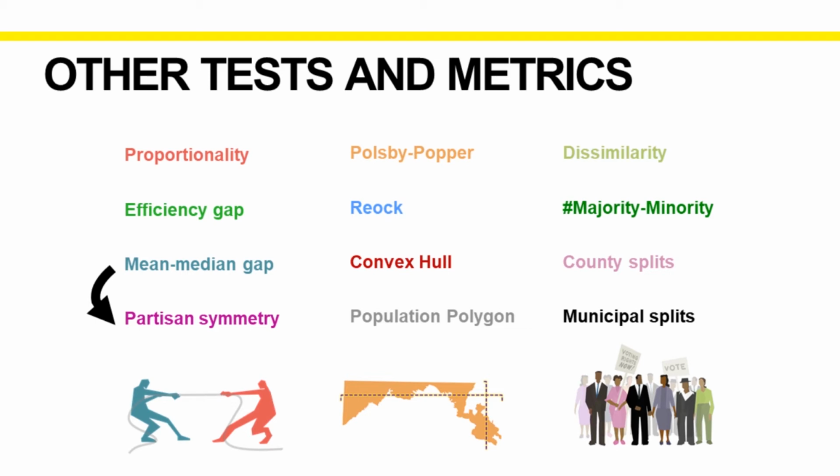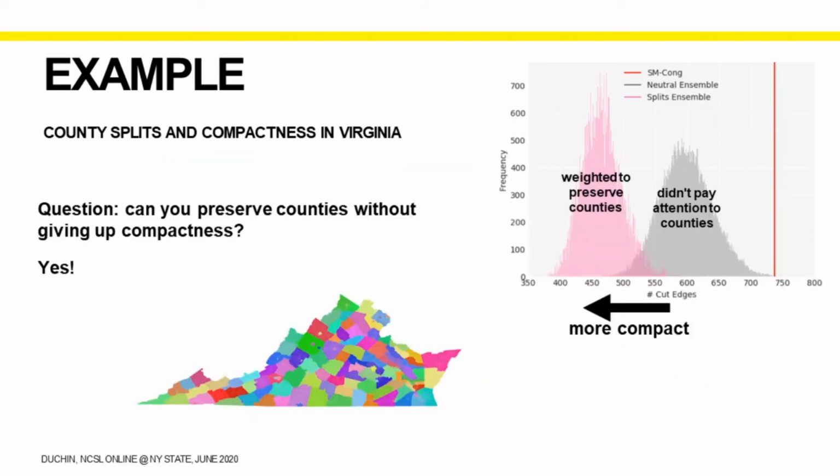And it doesn't end there. You could look at county splits. You could look at the number of majority-minority districts. The world of statistical tests that people use to measure a plan, or indicators for a plan, is large. And so what I want to emphasize is that the ensemble method can help you think about any of these. You can use it together with your favorite score to understand what's possible in your state.